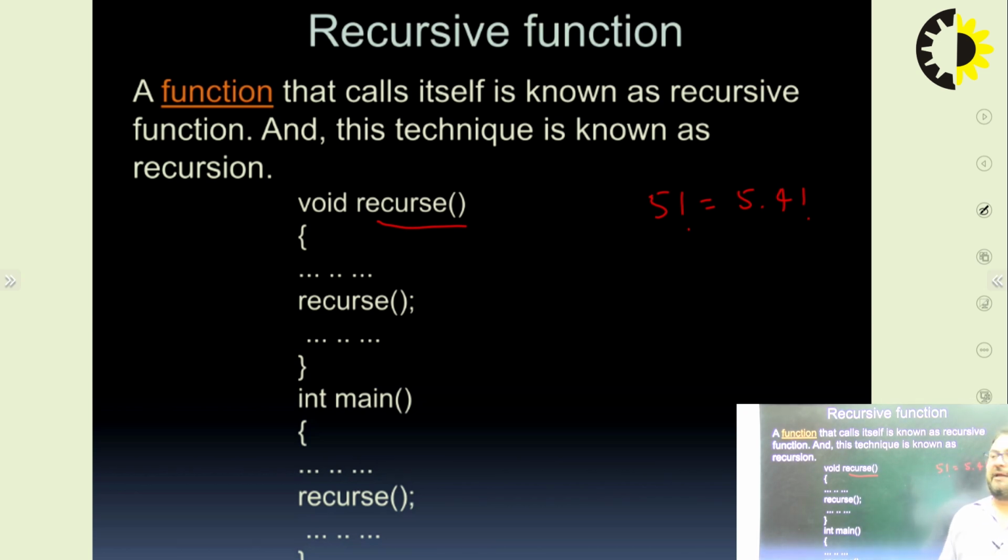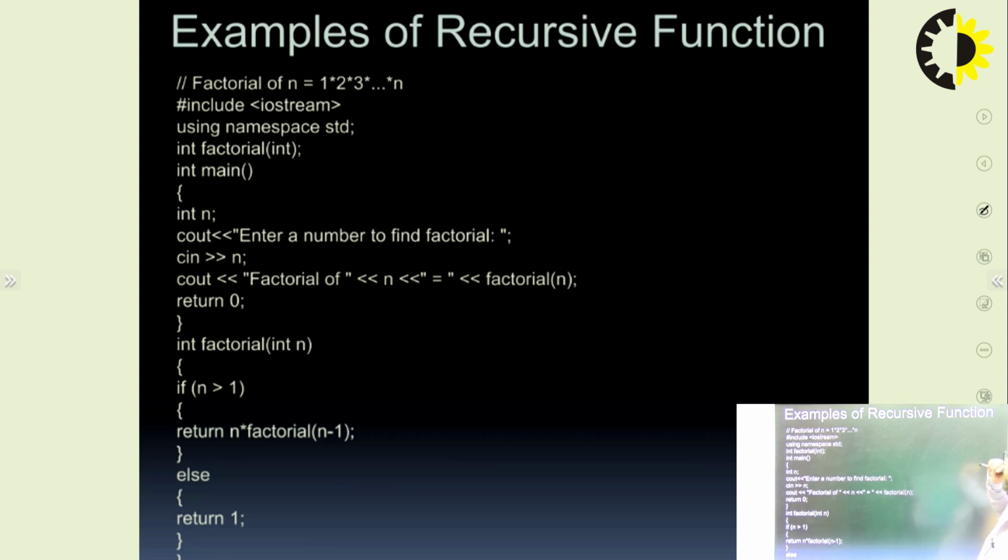So what is the significance? We simply change the argument, otherwise it will never end. So we reduce or increase the argument values somehow, and we can use the concept of recursion. For example, in this program, an example of a recursive function, we find the factorial value of any given number using a recursive function.